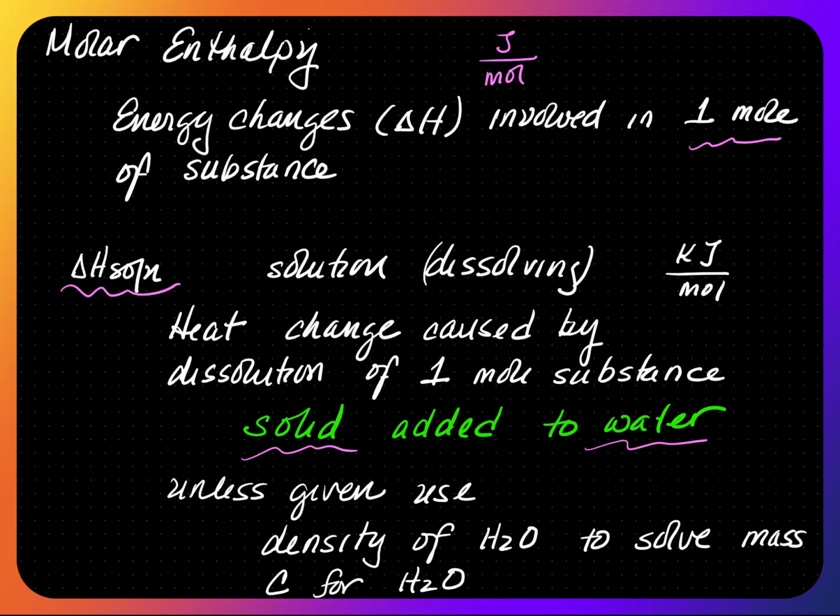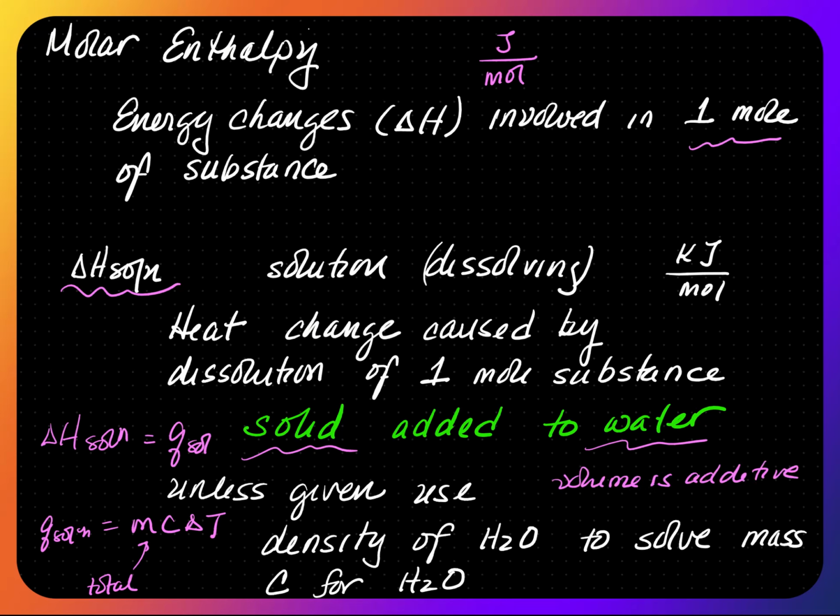When a solid is added to water, sometimes we will see delta H solution as Q solution, in which Q solution is going to be mc delta T, in which mass here is going to be the total mass. So if it's two individual solutions being mixed, then it will be the total mass of the solutions added together. That means that volume is additive.